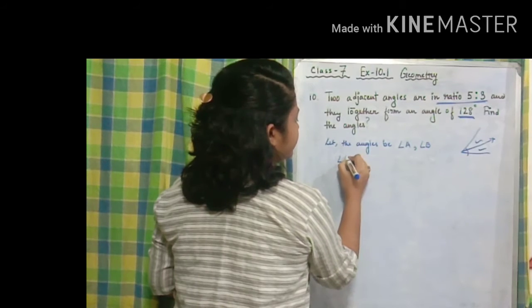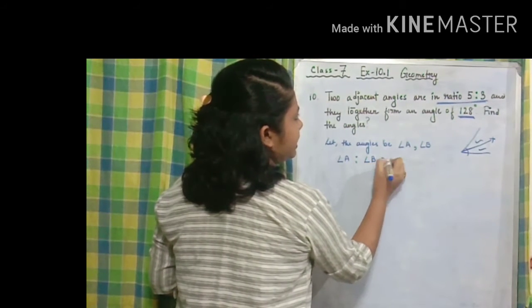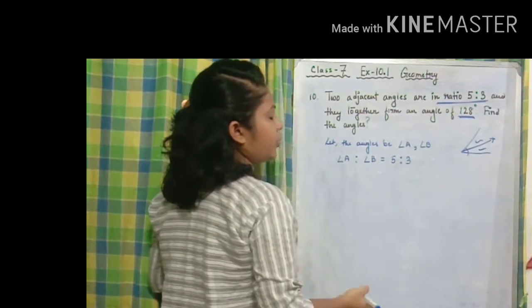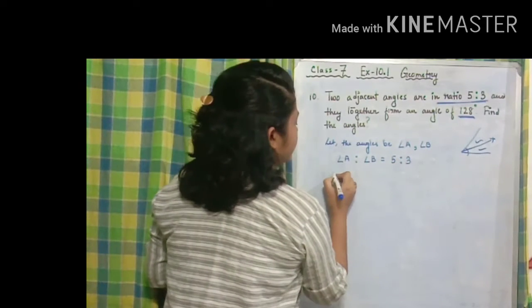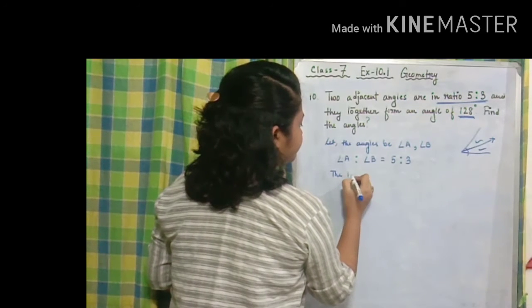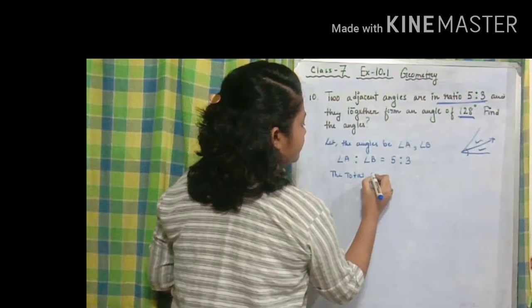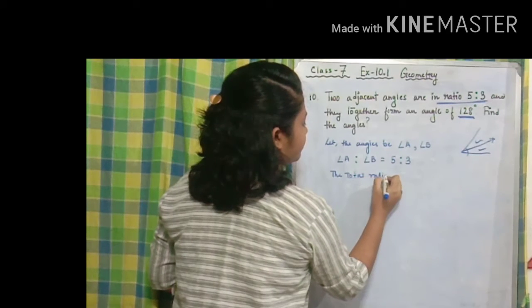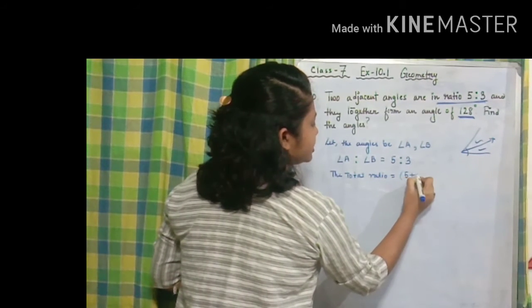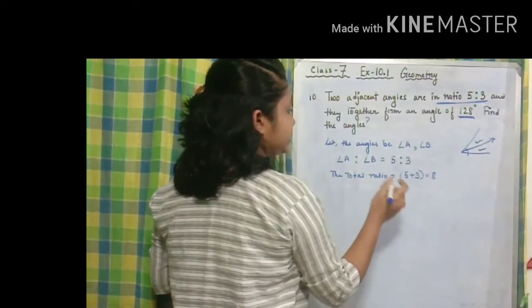We know that according to the question, angle A is to angle B equal to 5:3. Alright. Now, their total ratio equals 5 plus 3, 8. Okay.